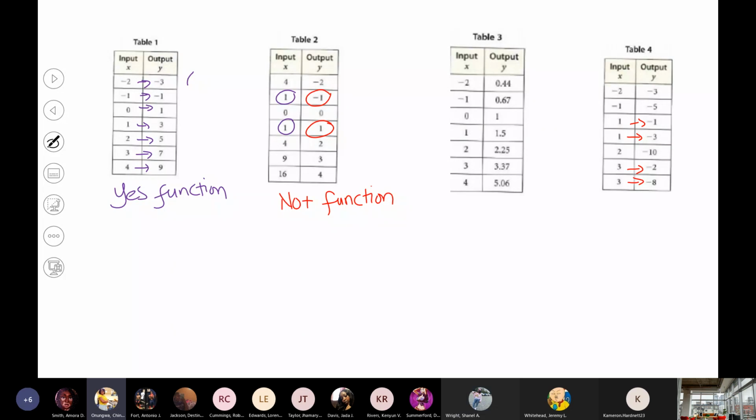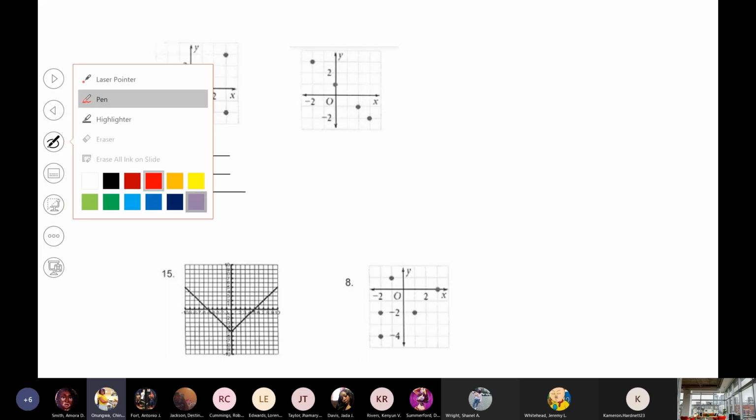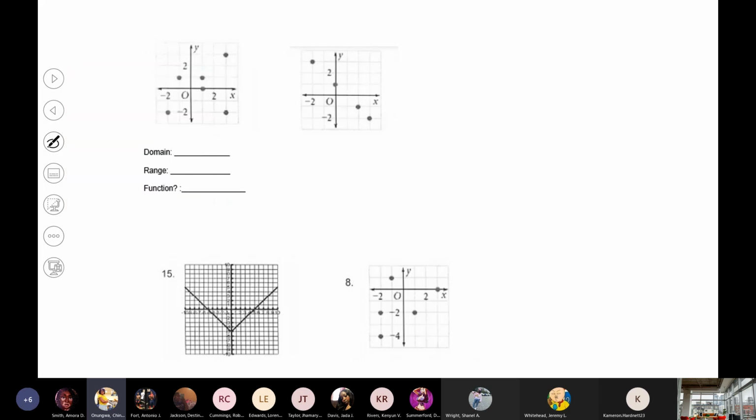For a graph, an easy way to see if it's a function or not, oh my God, you guys don't have time to even practice. An easy way to see if a graph is a function or not is what we call the vertical line test. Remember, for every one x, you should only have one y. So if you draw an imaginary line with your finger and it hits only one point, then it's a function. But if it hits more than one, that means I have 2 different outputs for the same x. I have 2 different y's for the same x.